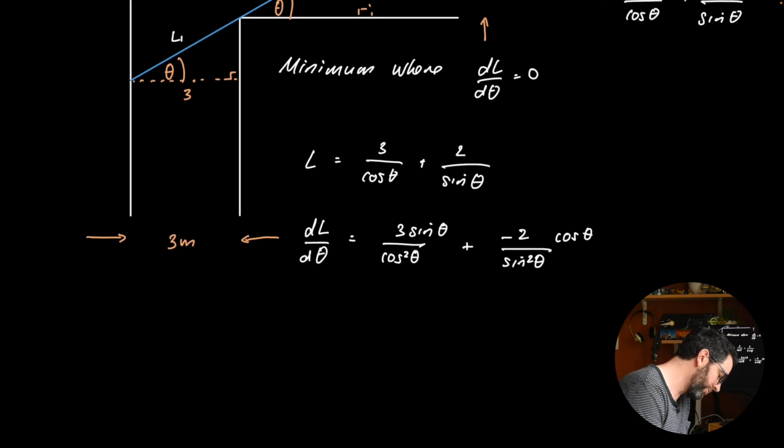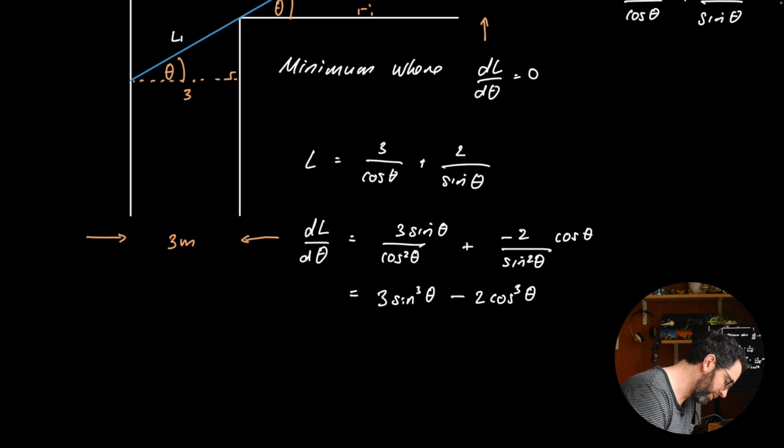So we can also write this derivative as a single fraction, and it's going to have cosine squared times sine squared on the bottom. So that will be 3, need to multiply the first bit by sine squared, so 3 sine cubed theta minus 2 cosine cubed theta, just multiplying that second fraction top and bottom by cosine squared. So we've got a common denominator of cosine squared theta sine squared theta.